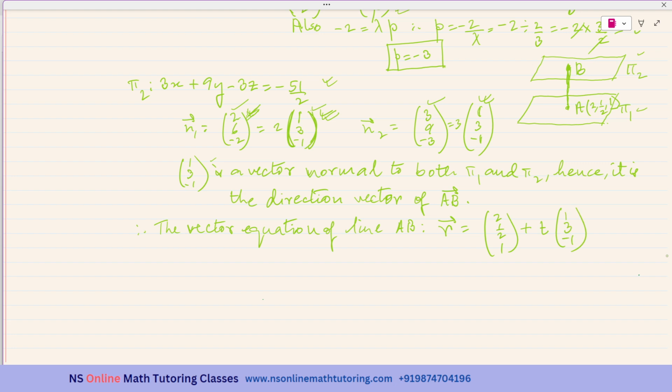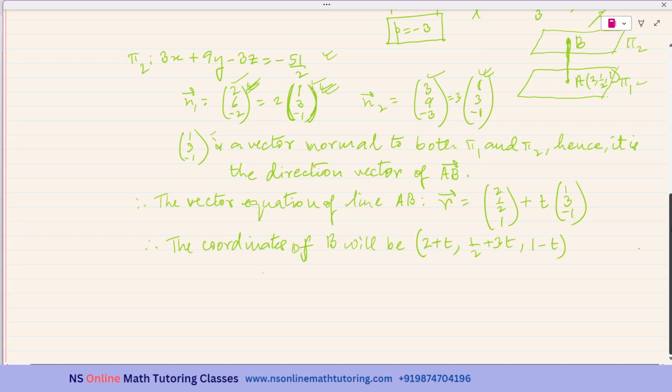Therefore, the coordinates of B will be 2 plus t will be the x coordinate. I am reading row by row. 2 plus t, half plus 3t and 1 minus t.